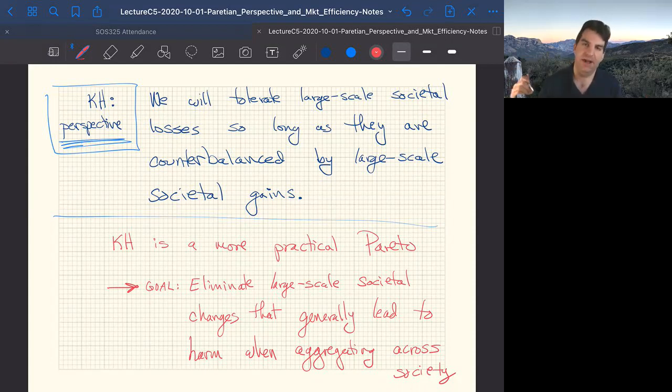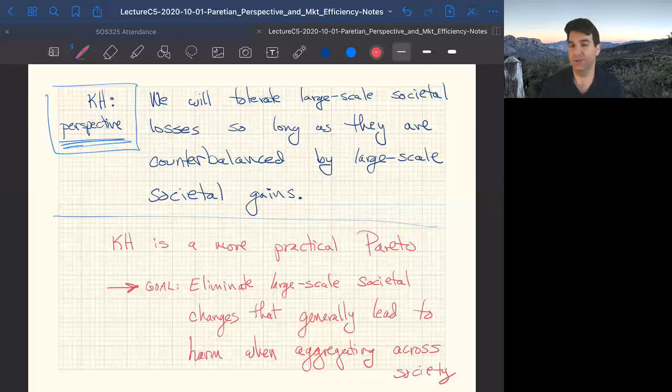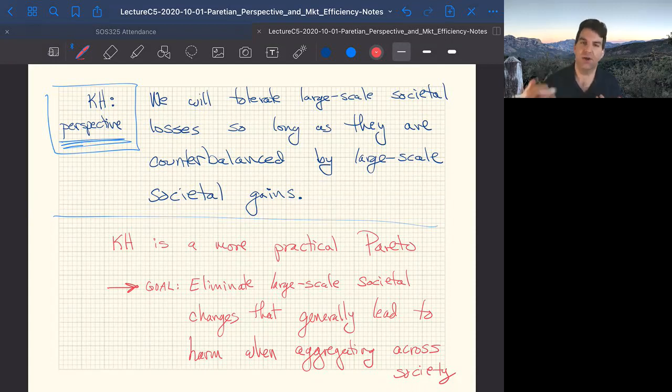But what I really like about the Pareto or Kaldor-Hicks perspective is that you don't come out of it necessarily with a single solution. If I want to maximize cardinal social welfare, there's one option that maximizes the total utility.